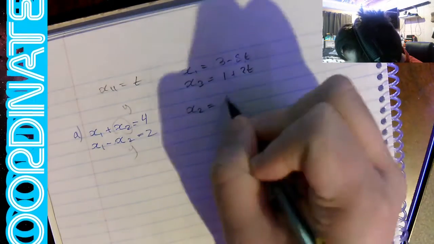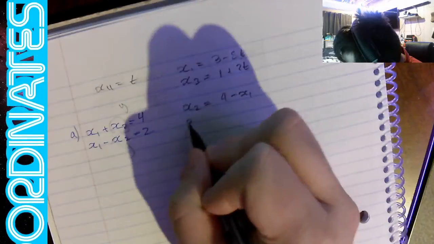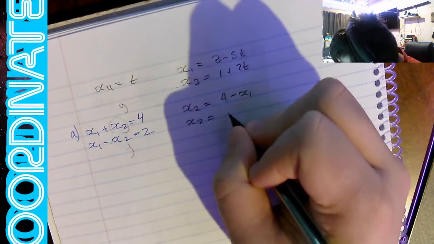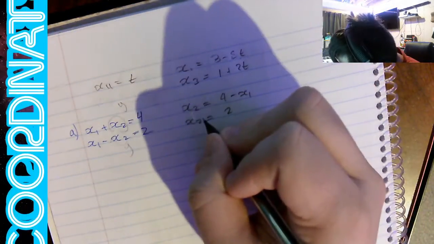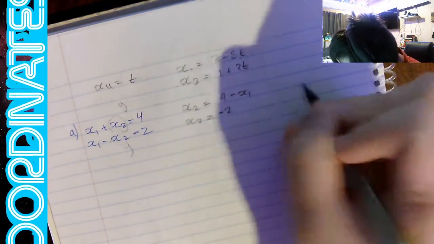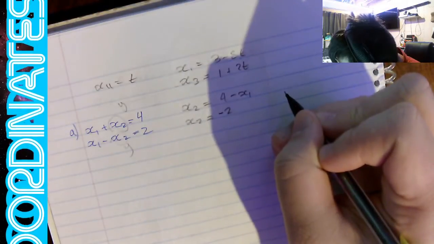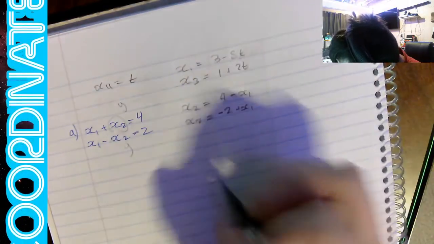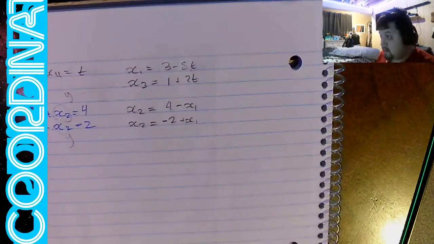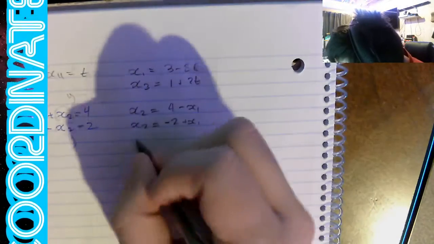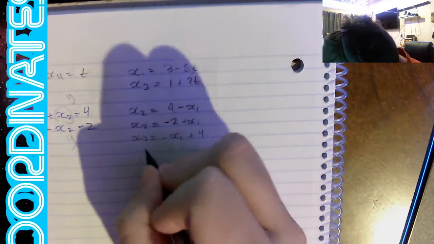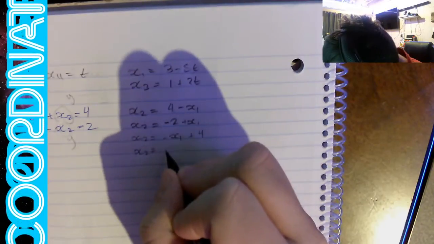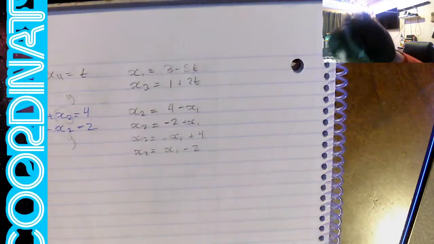So first of all, x2 is going to equal 4 minus x1, and x2 equals x1 minus 2. So I'm going to rearrange both of these: negative x1 plus 4, and x1 minus 2.